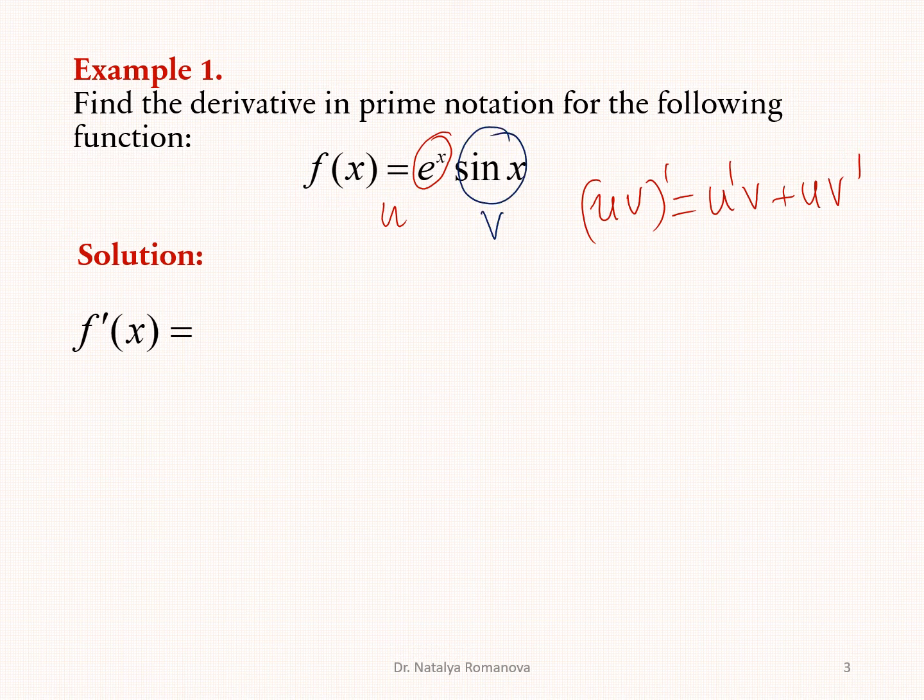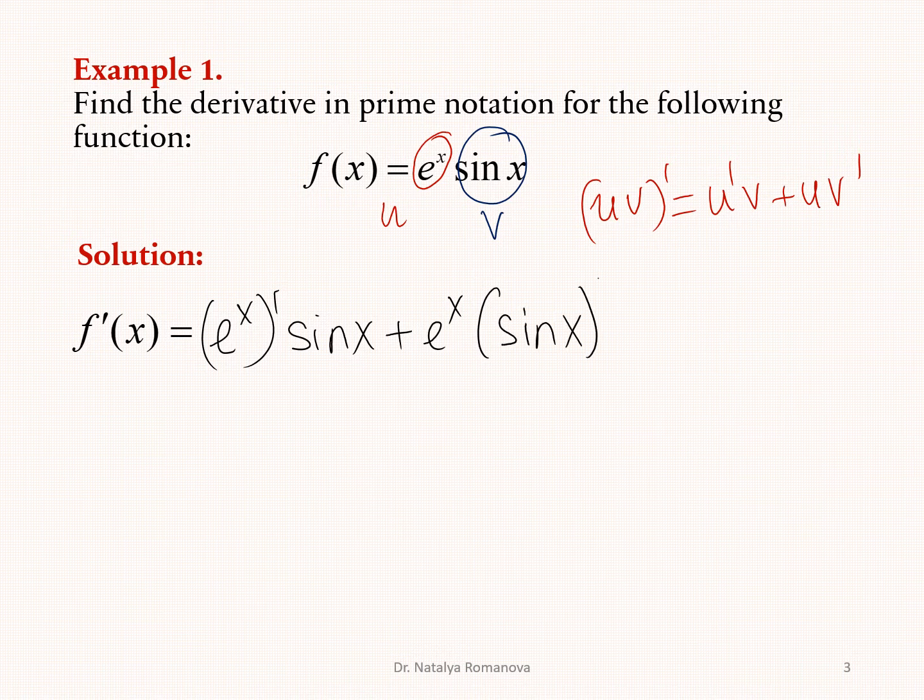Now, according to our formula, we can write the derivative of our given function. It would be (e to the x)' times sine x plus e to the x times the derivative of sine x. Now, the derivative of e to the x is e to the x, so e to the x times sine x plus e to the x times cosine x.